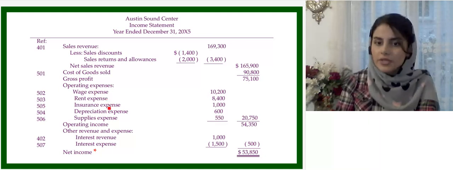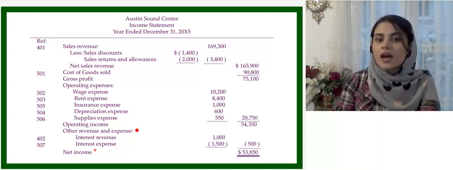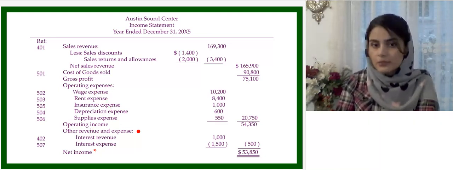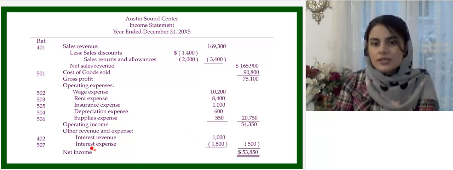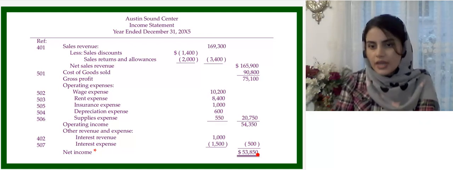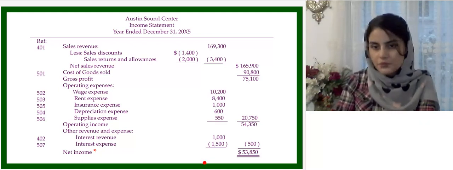And then we have the operating expenses, and after that, other revenue and expense, which gives us the net income amount, which is 53,850.